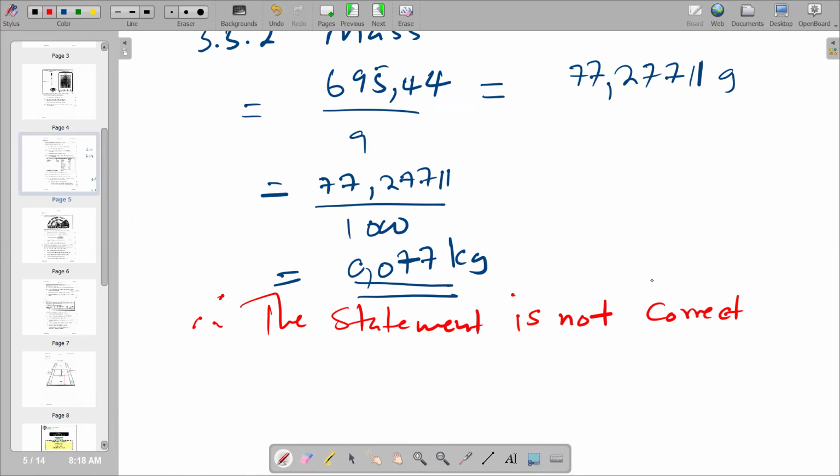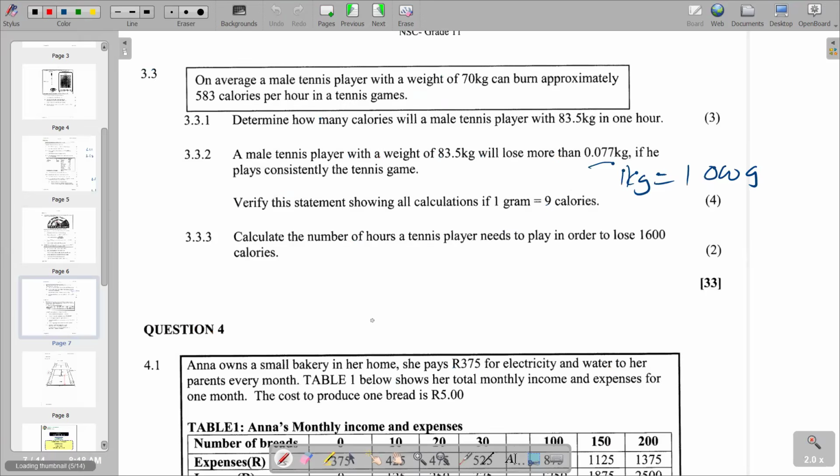So we can as well try to move on to the next question, which is now 3.3.3. Calculate the number of hours to lose 1,600 calories. We know that for an hour you need 583 calories. So to get the number of hours, you are now saying 1,600 divided by 583.